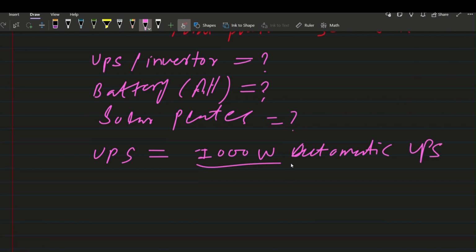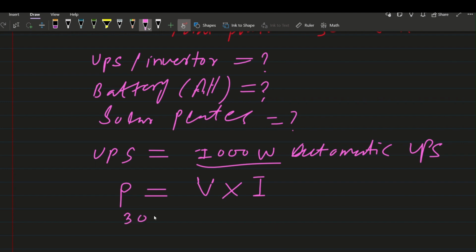Then we will calculate the power. As we all know, power is voltage multiplied by current. Suppose our battery is 12 volt, and we are designing for 300 watt.